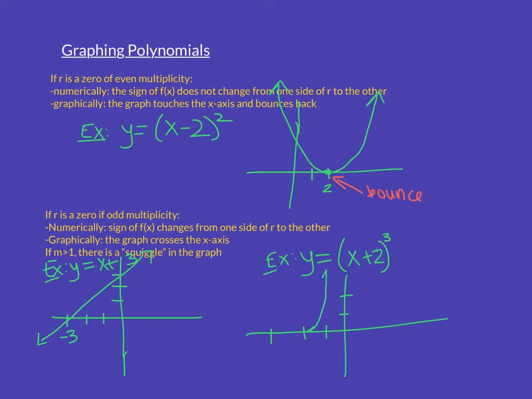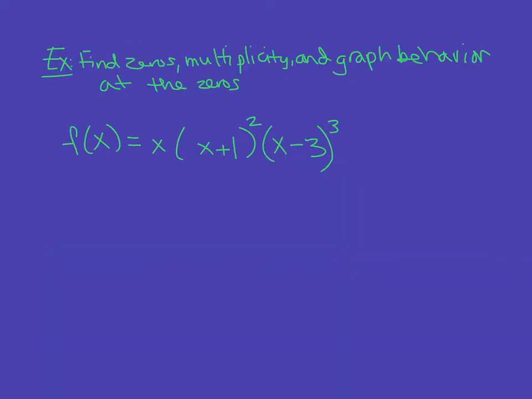So that one looks like this. And you'll notice that we do go through with kind of a little squiggle there. It changes from being what we call concave down to concave up. You don't need to know that right now. We're going to learn about that in calculus next year. The big thing you need to know for this is that we get this kind of behavior when we have an odd multiplicity that's bigger than 1.